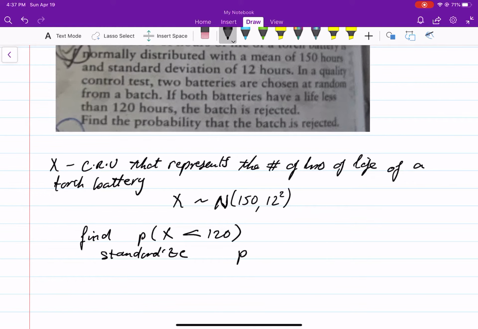You get the probability that x minus the mean, which is 150, upon the standard deviation, which is 12, must be less than the specific value of x, which is 120, minus the mean, which is 150, upon the standard deviation of 12.